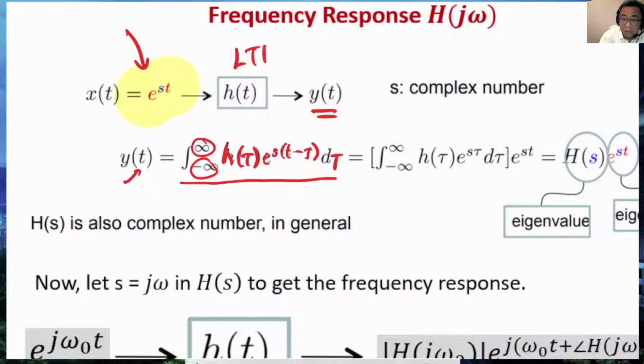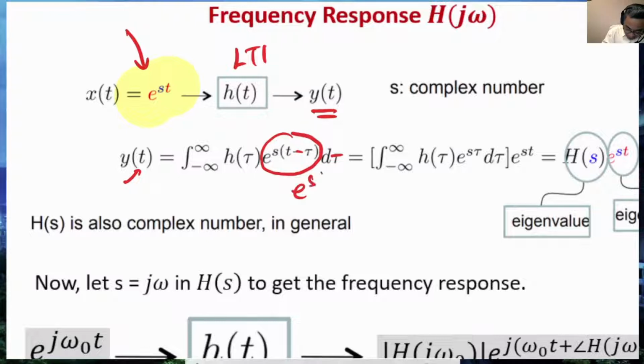So this is a convolution equation, and to get a single time, we are integrating through all of τ. Now, what you realize is that we can break this equation into e^{st} times e^{−sτ}.